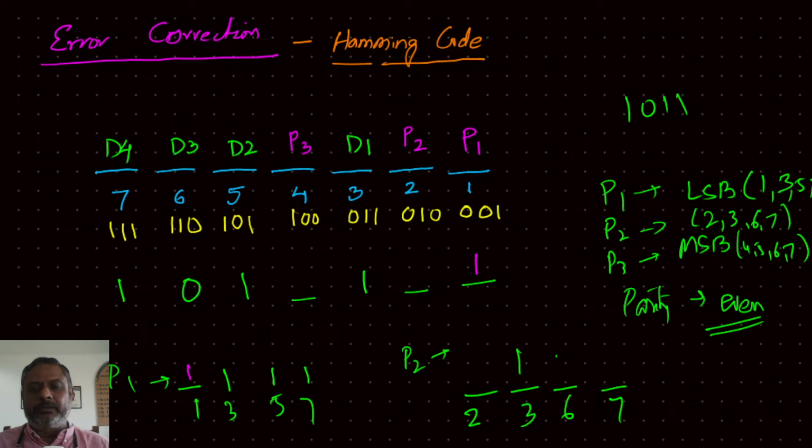It is 0. What is at 7? It is a 1. So there are 2 ones already. So 2 means it is already even. So if you add a 1 here, then it becomes odd parity. So to ensure that this is even, we must put a 0 in place of P2. Same way for P3.